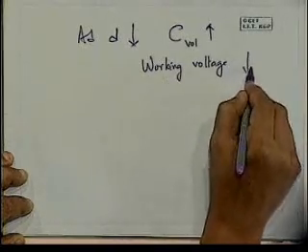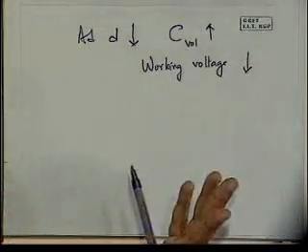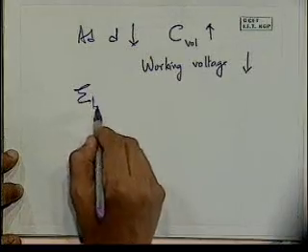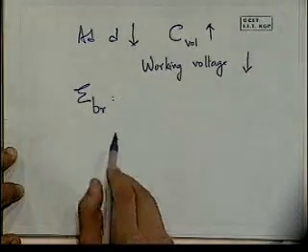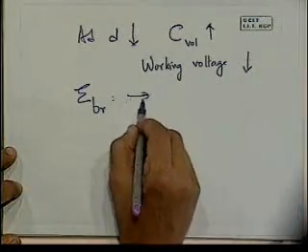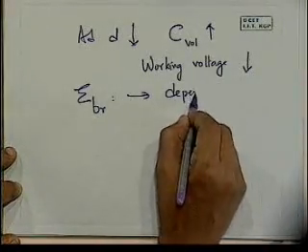You're going to get breakdown eventually. The thinner it gets, the higher the field, so eventually you're going to get breakdown. So you can't apply larger and larger voltages across it. And we saw this earlier in terms of the breakdown field, breakdown strength, and breakdown strength, we saw, depends on numerous factors.